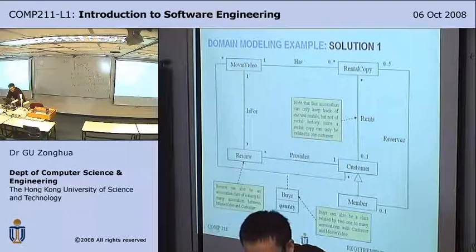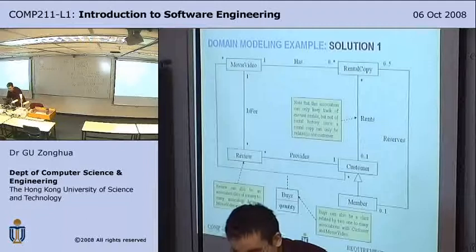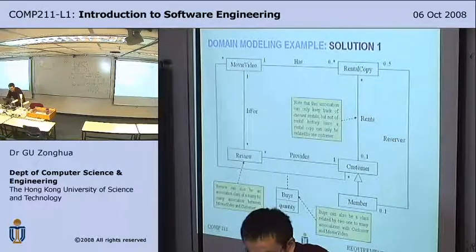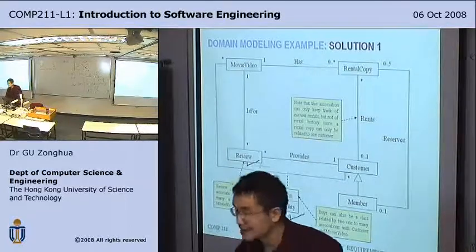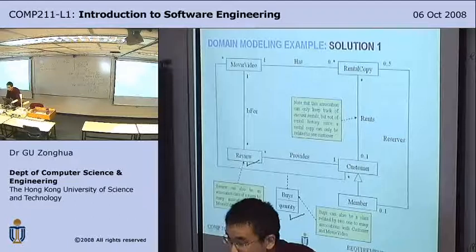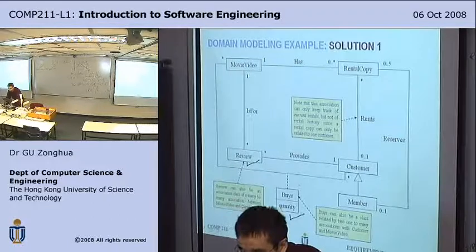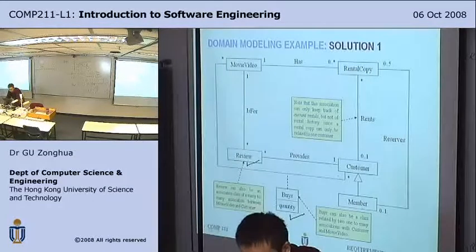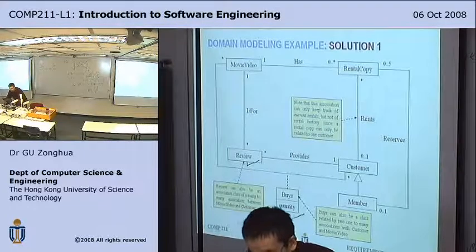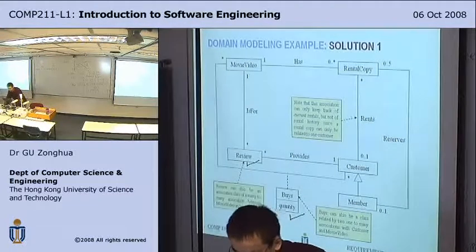So these 2 styles: one is to have an association class, the other is to have a separate class with 2 associations. In this case, both are okay. But in general, having an association class is more restrictive and more precise. So here it says there's always an association between movie video and the customer, and the buys describes that association.